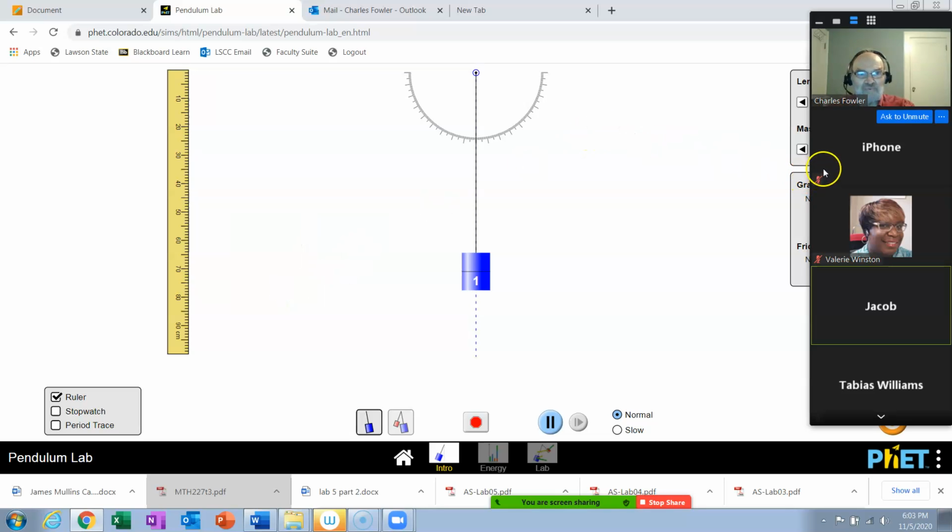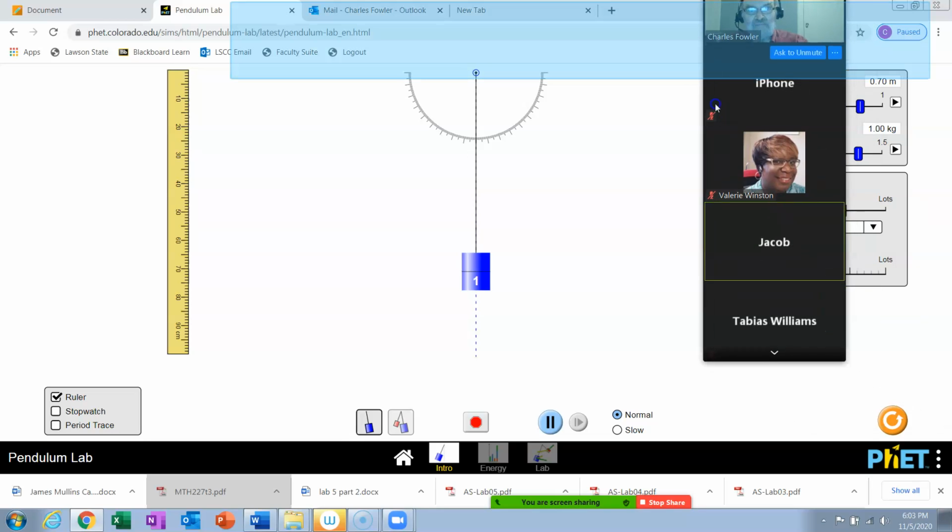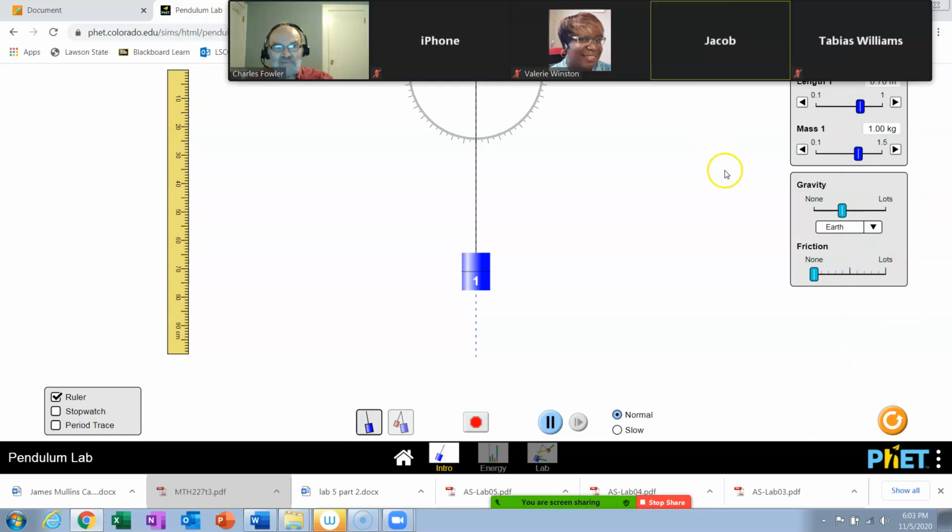Now I'm going to move some of you out of the way again, and this is going to be hard to see. Okay, so what we're going to do is click on stopwatch down here and period trace. We're going to need both of those in time, not quite yet. This isn't working out well, so I think I'm going to move y'all way over to the left and see if that will work any better.